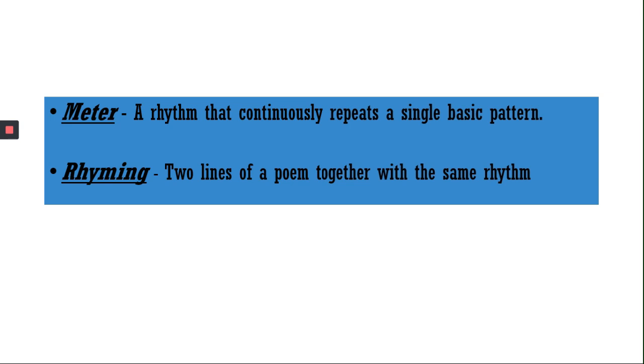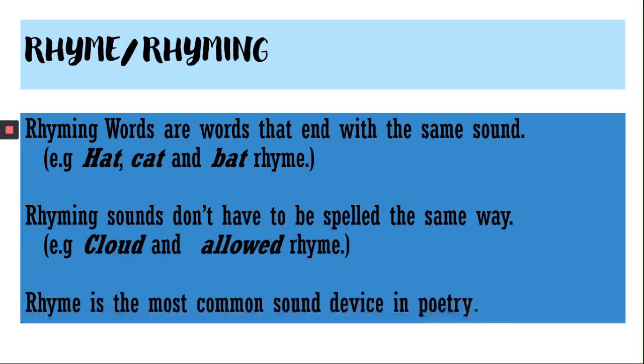Next one, rhyme or rhyming. Two lines of a poem together with the same rhythm. Sa Pilipino, tugmaan. Rhyming words are words that end with the same sound with almost the same spelling. Rhyming sounds don't have to be spelled the same way.